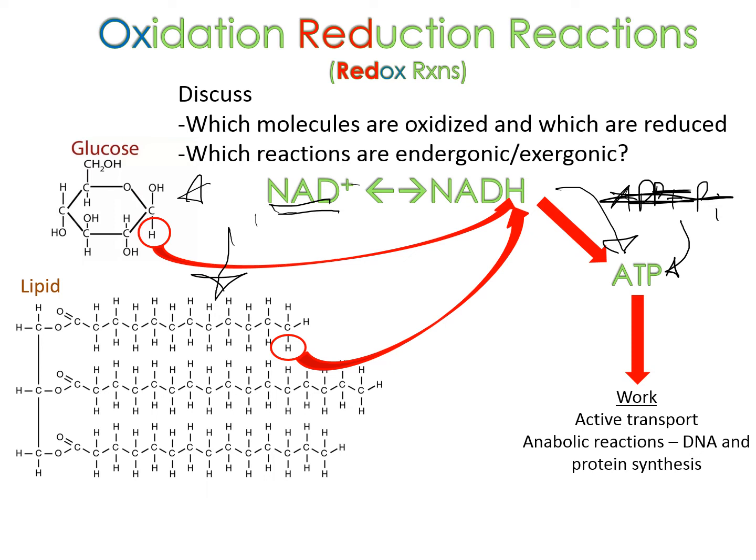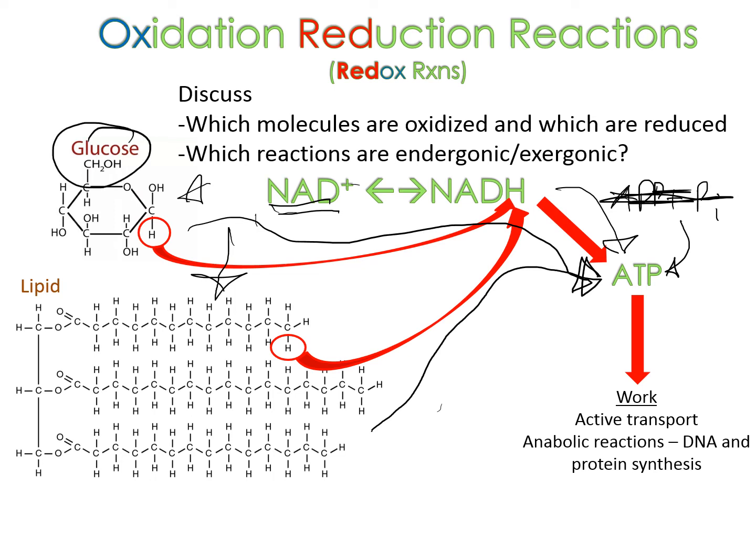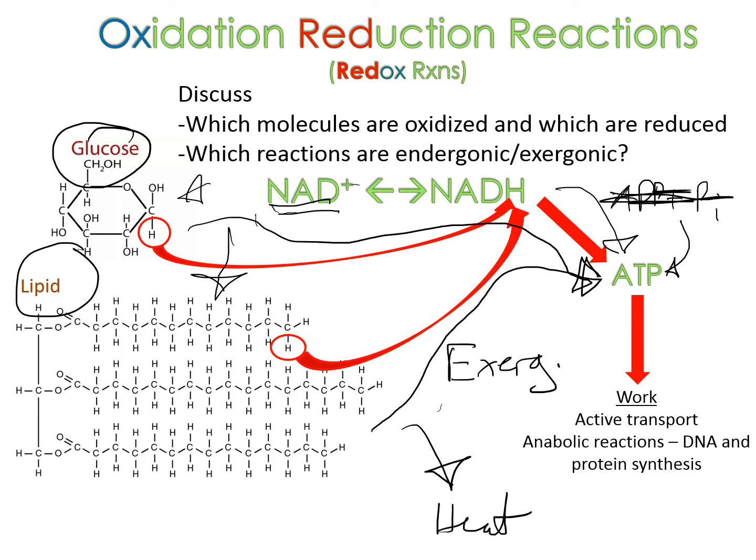Well, this whole thing, from glucose to produce ATP. If you remember, the production of ATP from food molecules is exergonic, meaning we're also going to release a lot of heat.